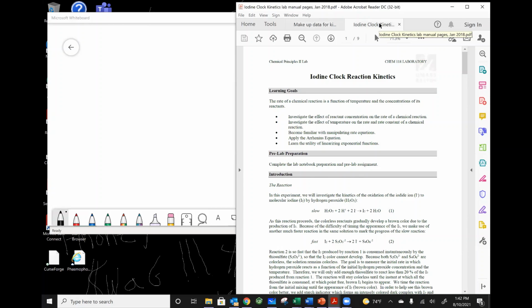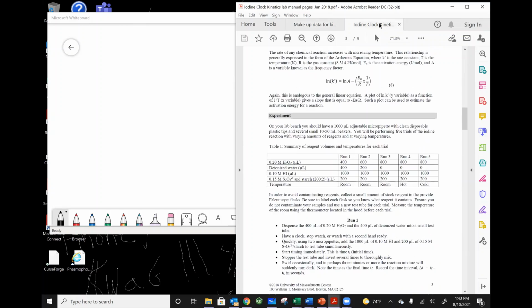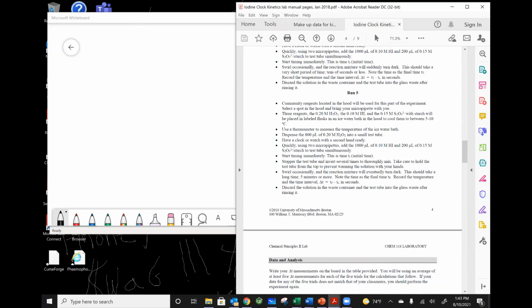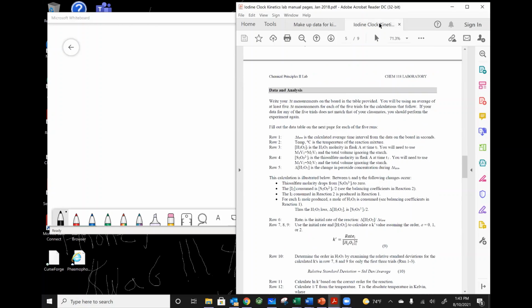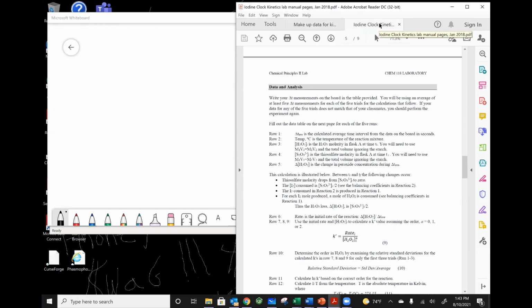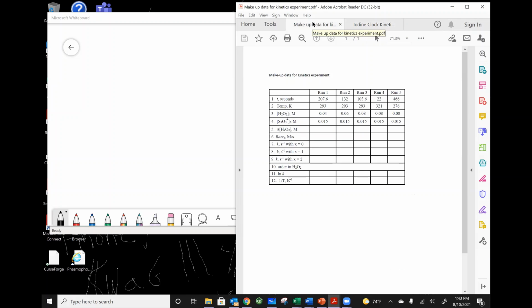I know that in the data and analysis section of your manual, it says TAV is the calculated average time interval. If we were doing this in class, we would have all of the data from all 8 lab pairs, and we would just take an average of all of the data that you guys collected together. But instead, we're just going to use temperature in seconds.